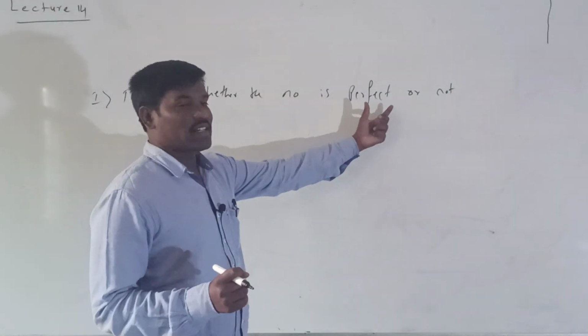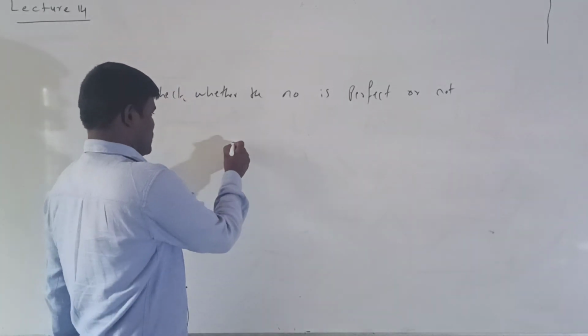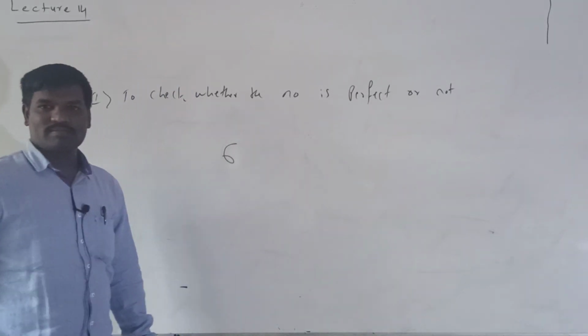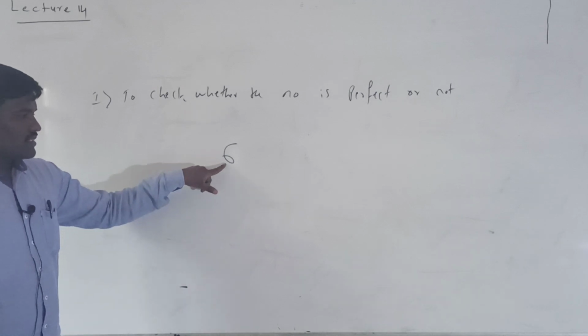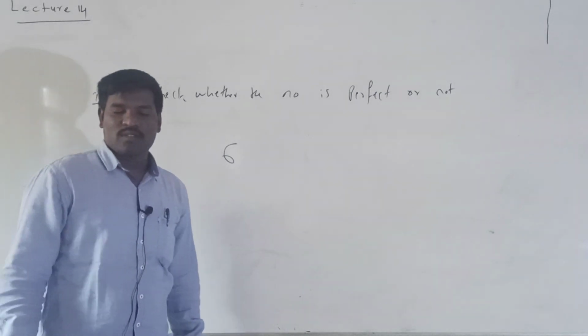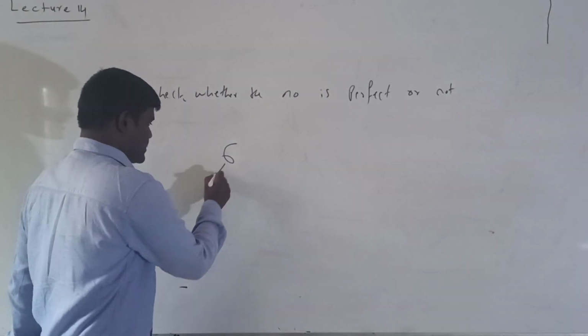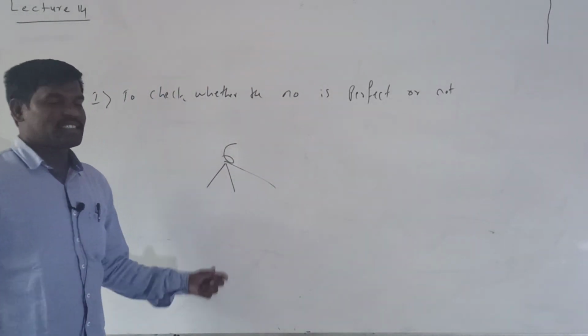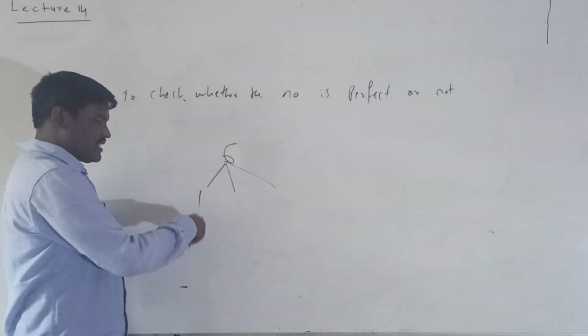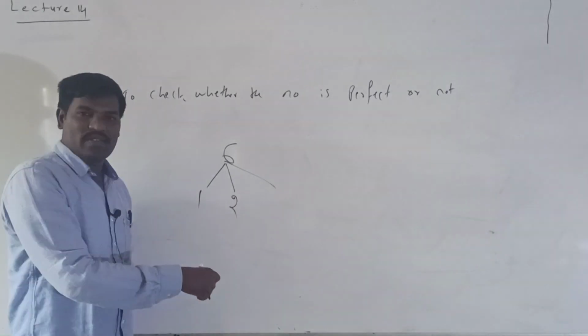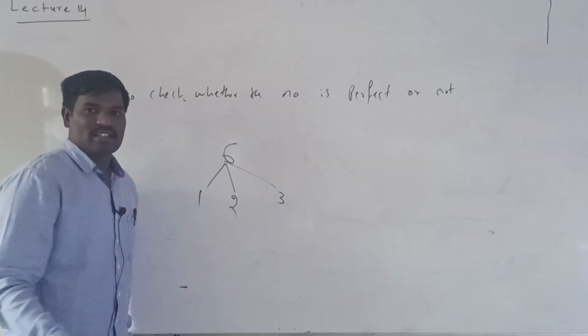See here, perfect number means, for example, I can consider 6. 6 is a perfect number. How can you say that 6 is a perfect number? First I can find out the factors of 6. 1 is a factor and 2 is also a factor and 3 is also a factor.